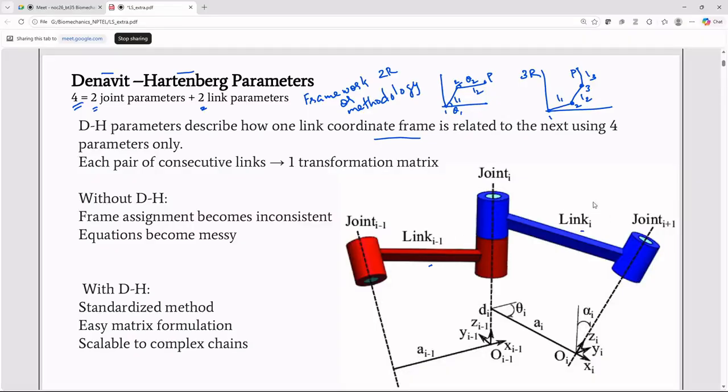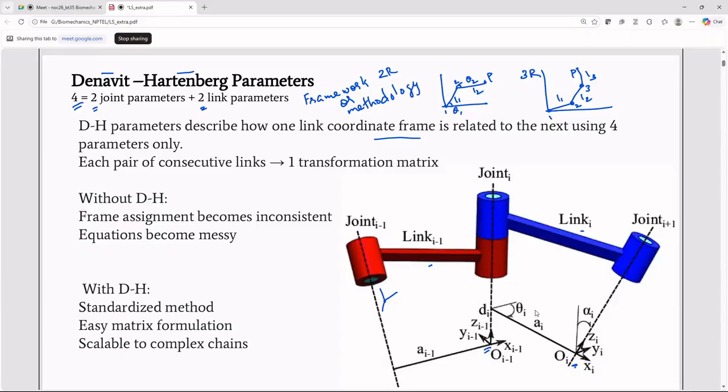That is, if link i is link 2, then this becomes link 1. Here we have 2 links and 3 joints, so we can fix a coordinate system at every joint. This is a joint, so one coordinate system will be here. Similarly, another coordinate system is here, and a third coordinate system is here.